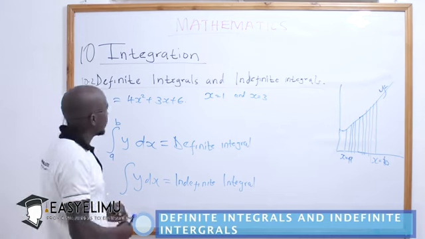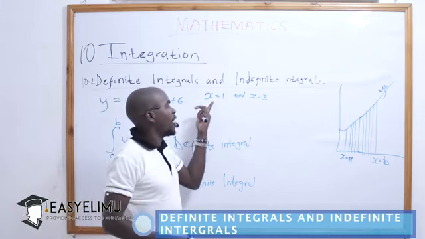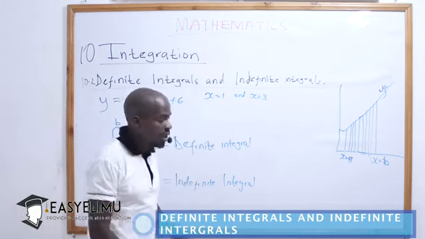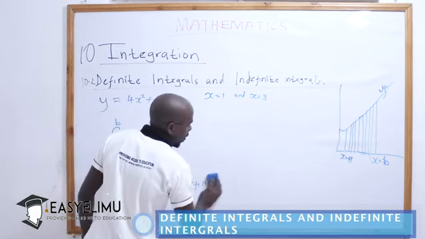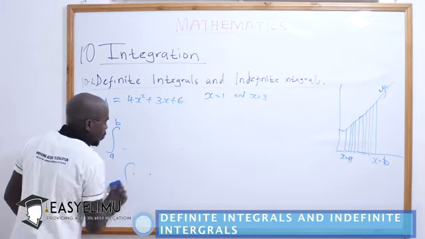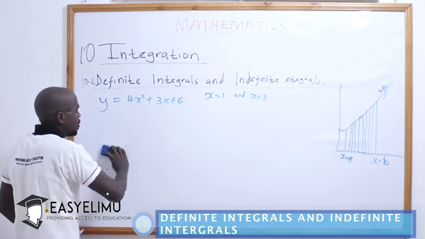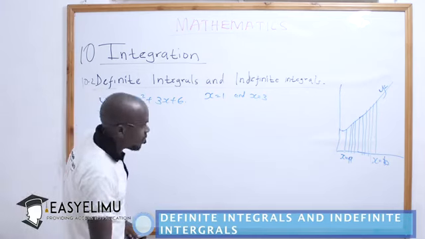For our case here, we have been given the limits from x equals 1 to x equals 3. So we need to find the area covered in between.